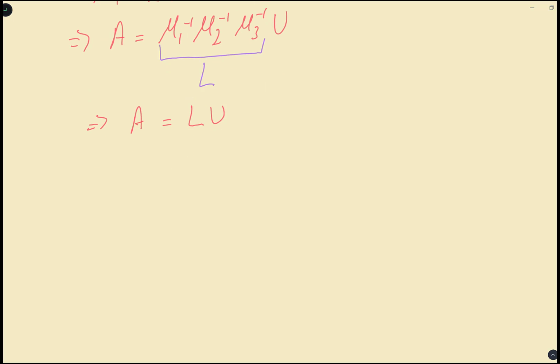So just as a side note, I want to mention, again, the identity matrix is just ones across the diagonal and then zeros everywhere.